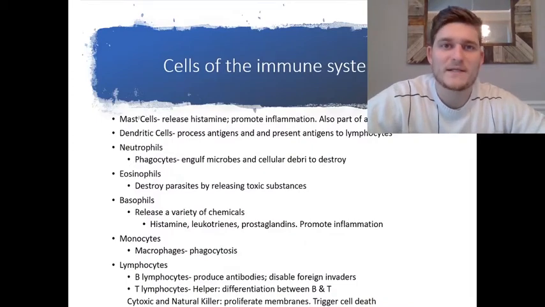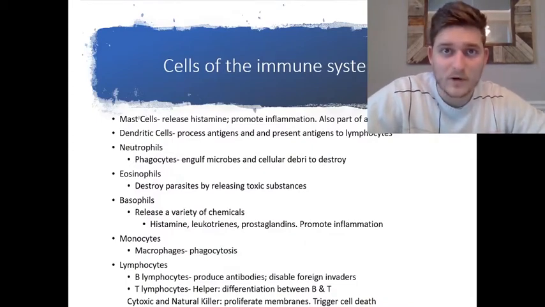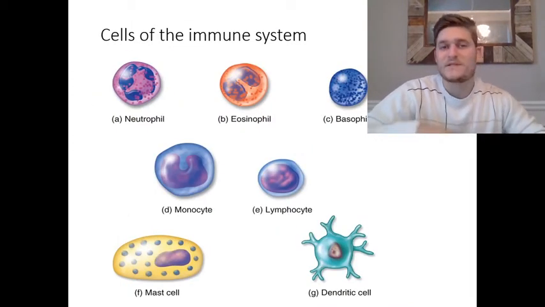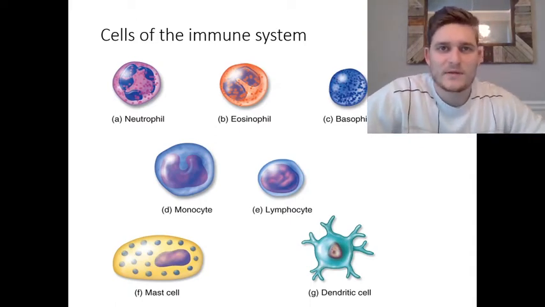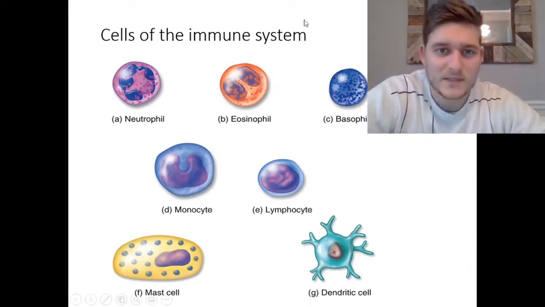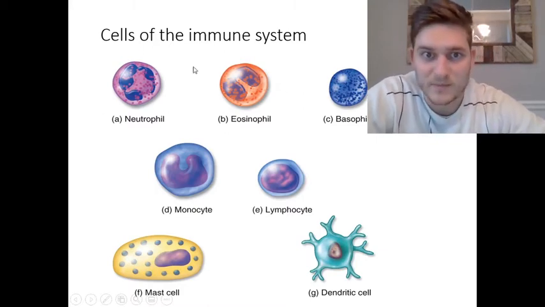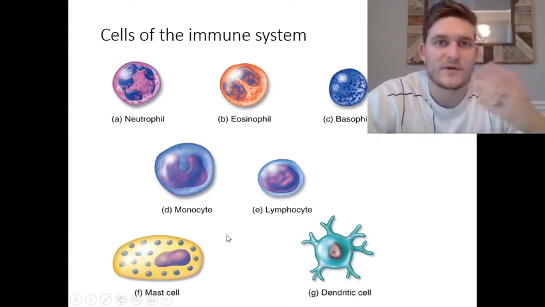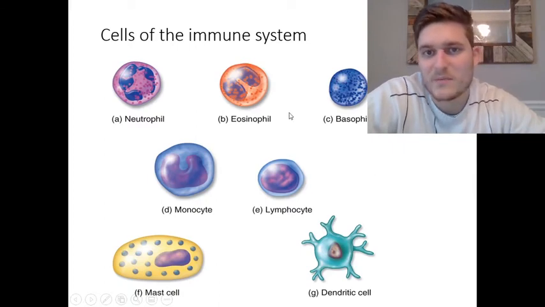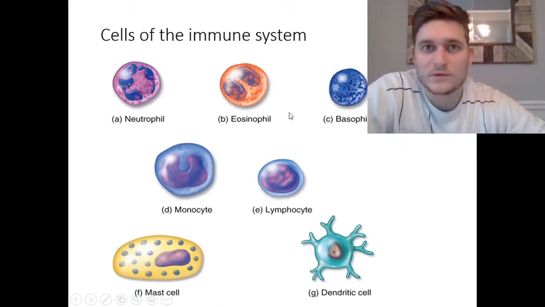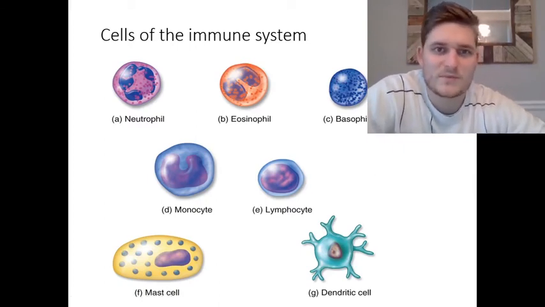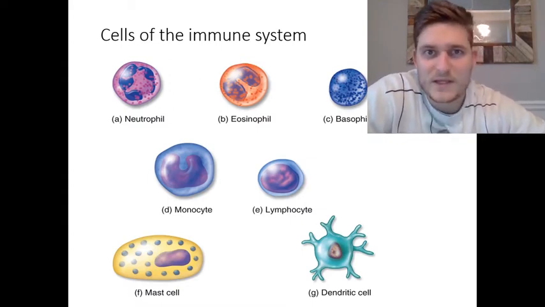We have many different cells within our immune system, and we brought these different kinds of cells up during the blood chapter, but some of them are going to promote inflammation. Some of them are just going to engulf different microbes. Some of them are going to help recycle older damaged cells or older damaged proteins within our bodies.